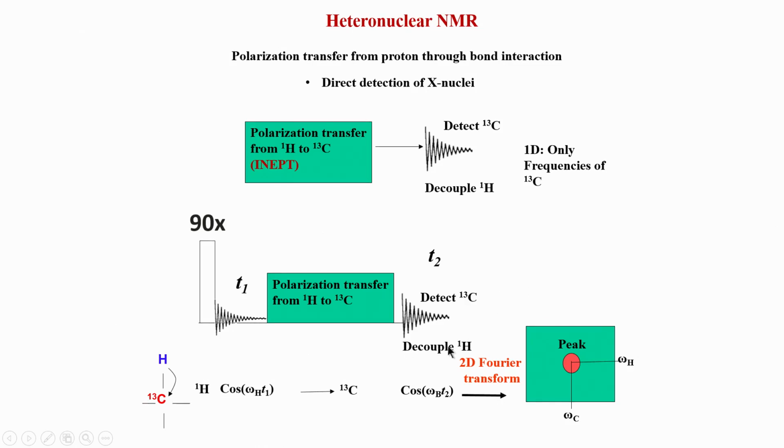One final thing is that you have to decouple proton from carbon when you are detecting, and this is very important here because your proton is directly attached to carbon, as shown in this picture. Both are spin half nuclei. So, this carbon will appear as a doublet because of J coupling to this hydrogen. Unless we decouple this carbon from hydrogen, we cannot get a clean spectrum; we will end up with all carbon peaks coming as doublets, and that reduces the sensitivity and resolution.